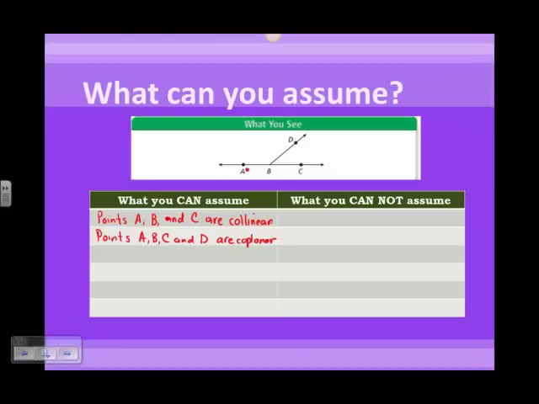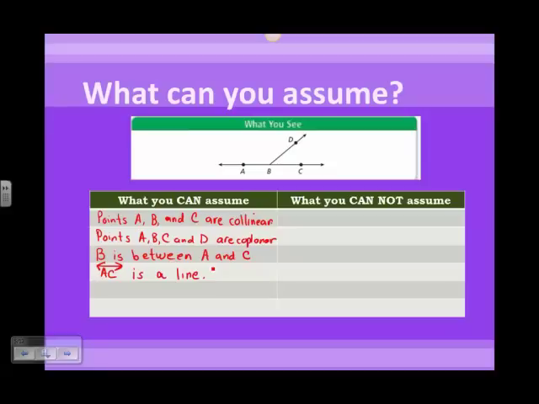If we're looking at the segment AC, it's safe to assume that B is between A and C, because it said betweenness, which means it lies on the same segment. It's also safe to assume that line AC is a straight line. Okay, let's look at the angles now.